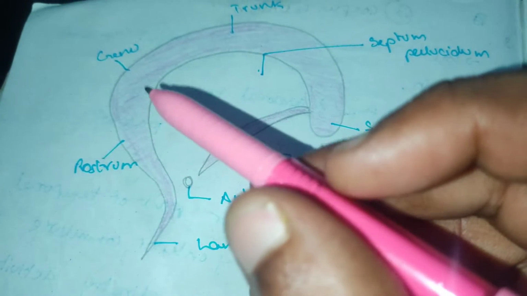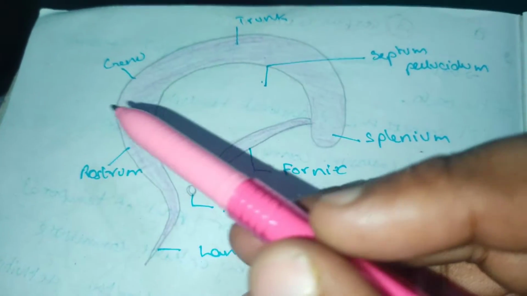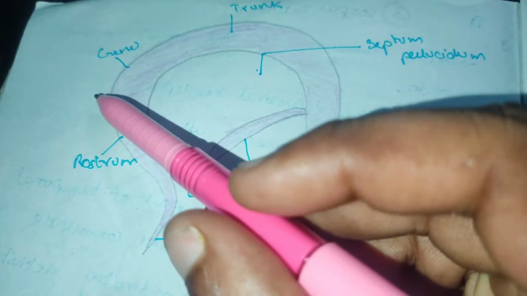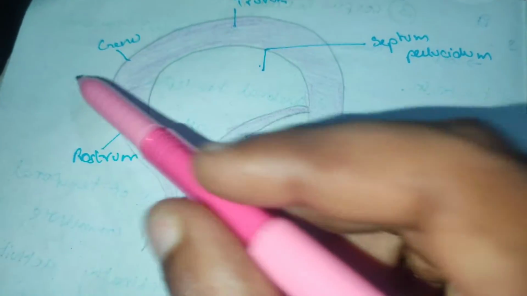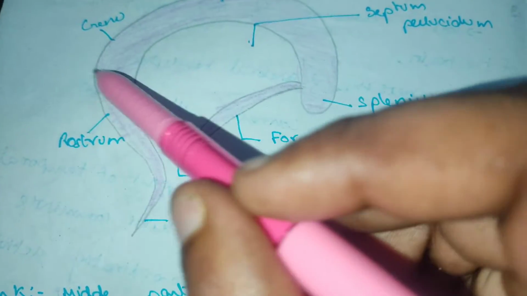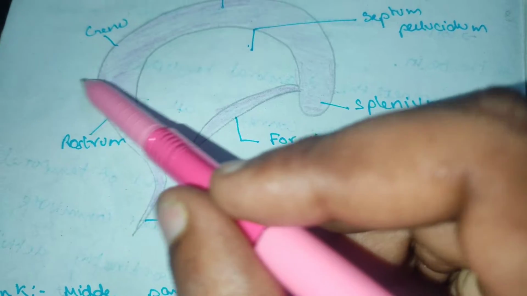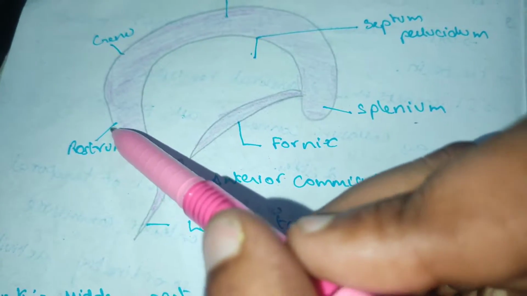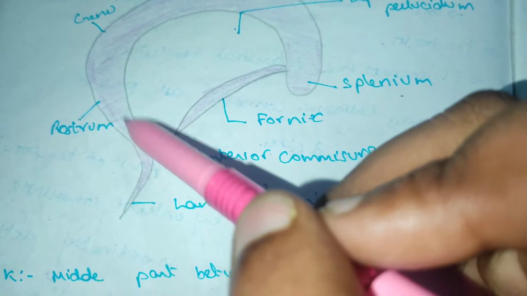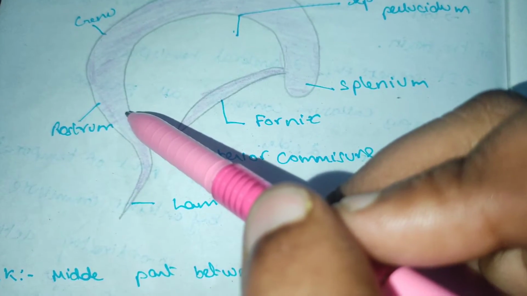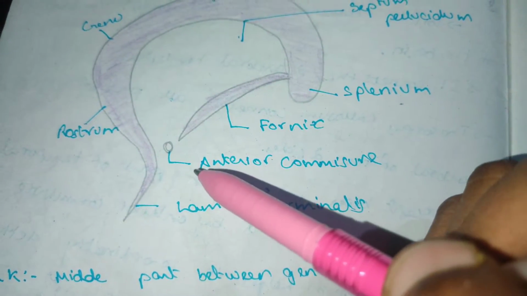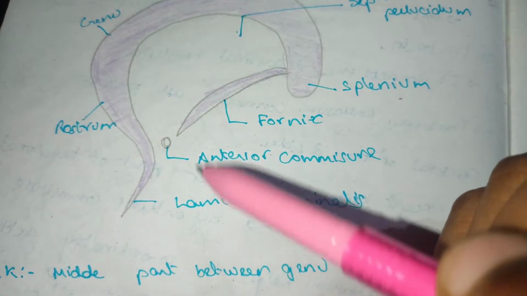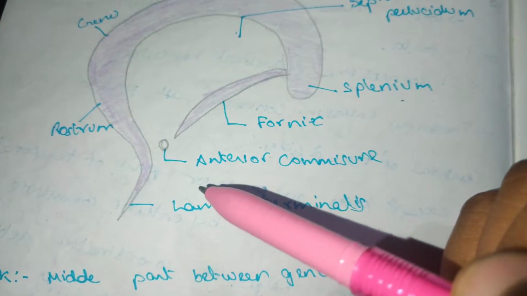This is the genu, the anterior end, and this is the rostrum, which is directed downwards from the genu and attaches to the lamina terminalis in front of the anterior commissure.